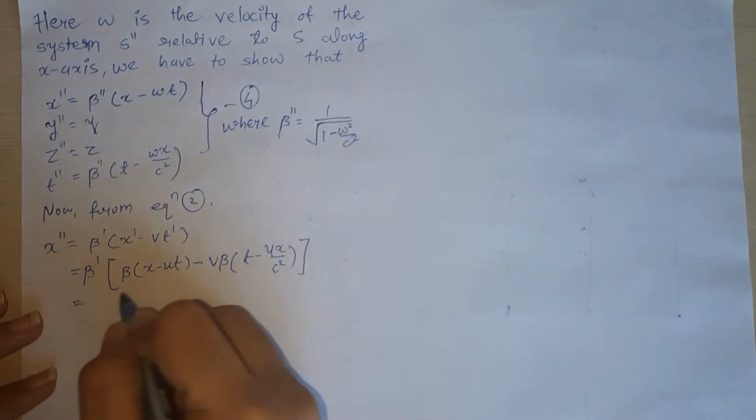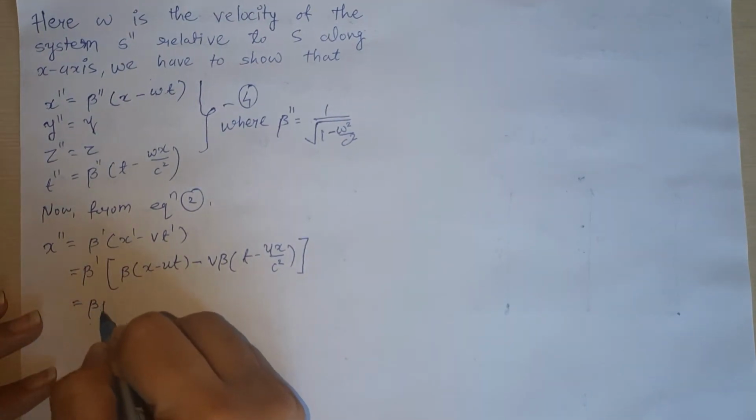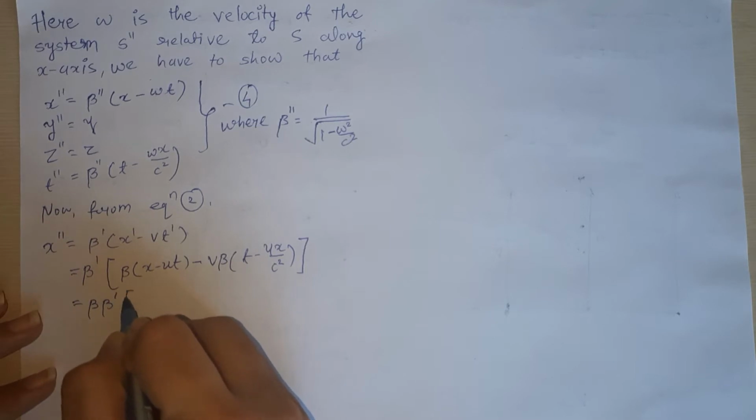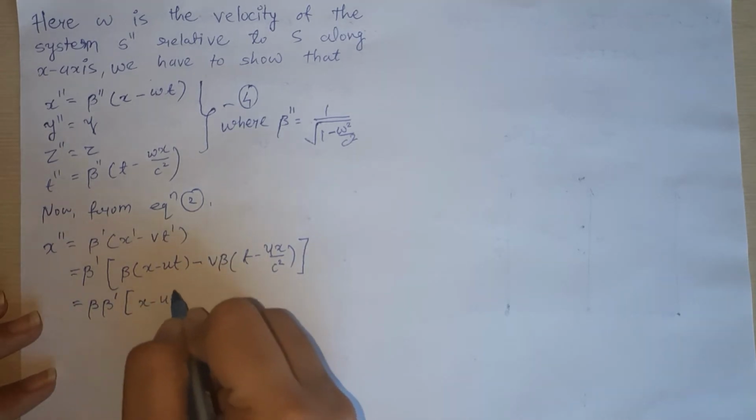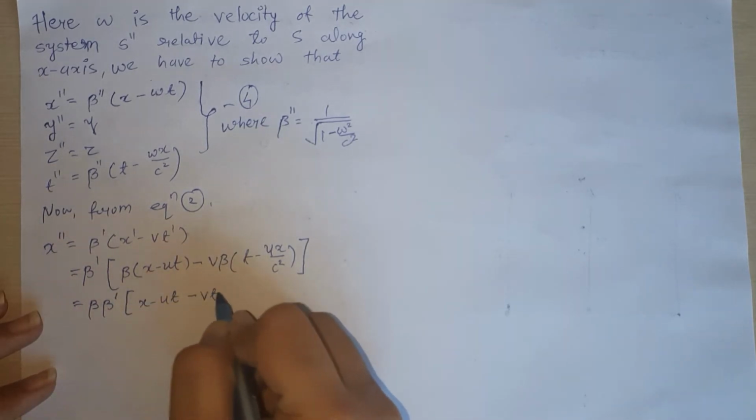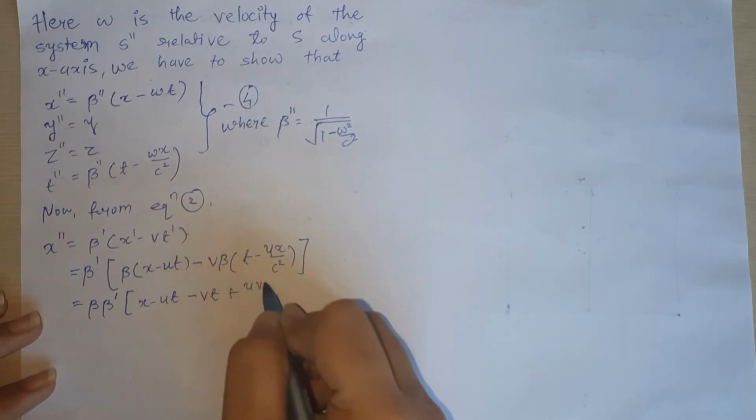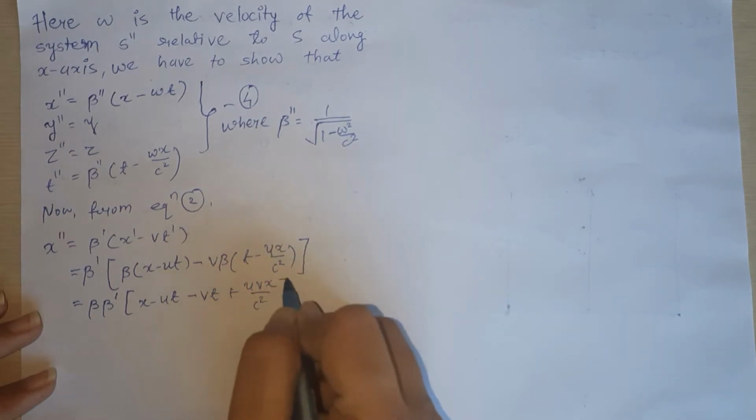So we will simplify this, and we get beta into beta dash into x minus u into t minus v into t plus uvx upon c square.